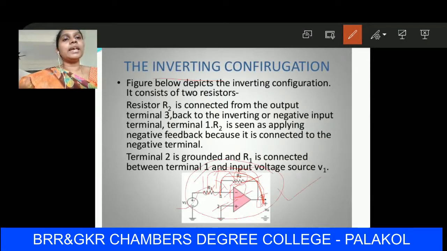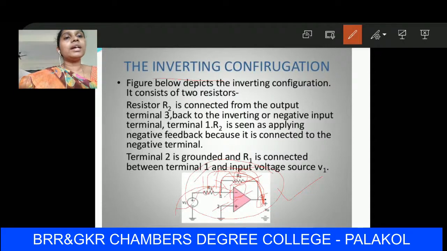Here this is an inverting configuration. Inverting configuration means we are applying the input only to the inverting terminal, and this inverting configuration is a negative feedback amplifier. So why is it a negative feedback amplifier?